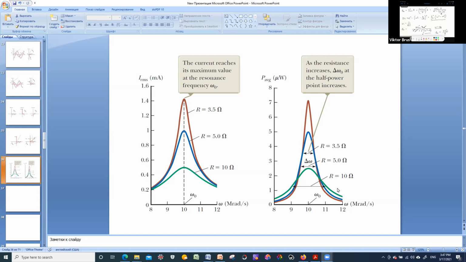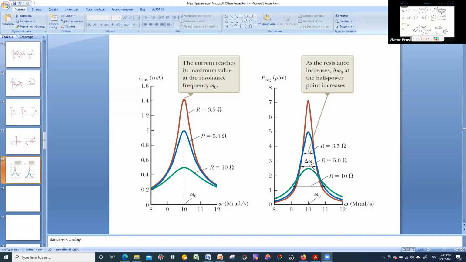So you see this delta omega, this is the total width of the peak at its half height. This shows how sharp the peak is and how distinctive it can be.